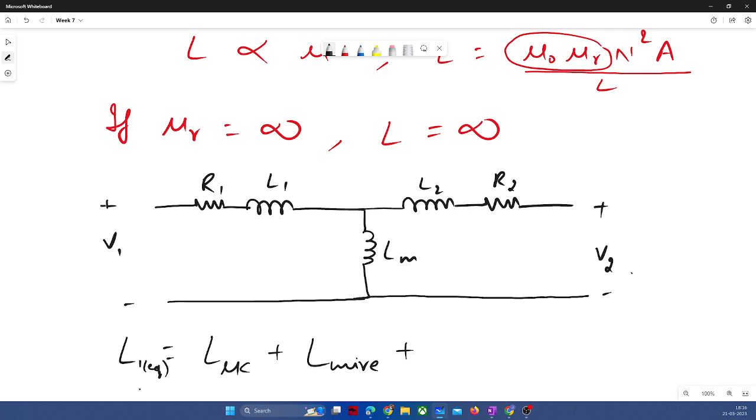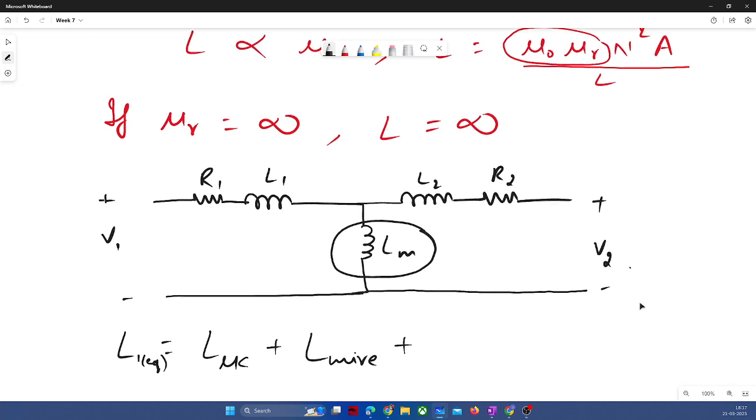But that would not be very significant compared to your magnetizing inductance. Generally, our magnetizing inductances are high compared to all other inductance.